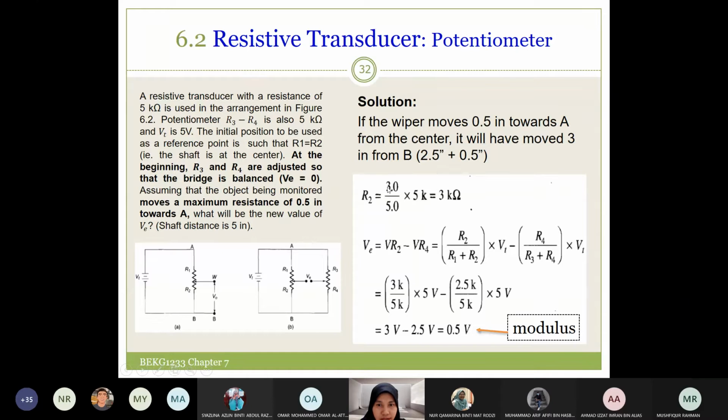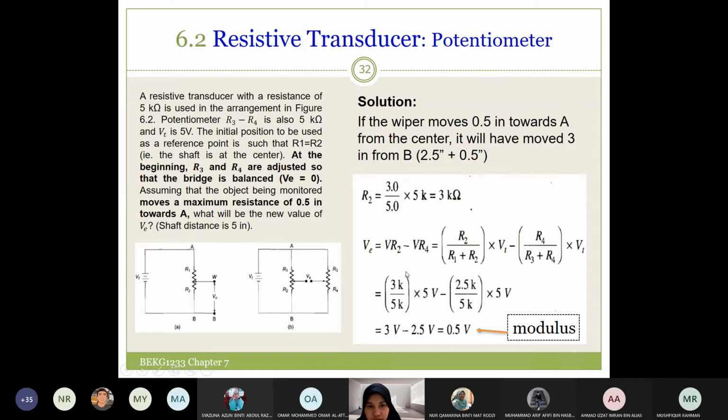This is the ratio of the length: 3 inch divided by the total of 5 inch, multiplied by the total resistance 5K, so 3K. So R2 is 3K. So VR2 is 3K divided by 5K multiplied by 5 volts.